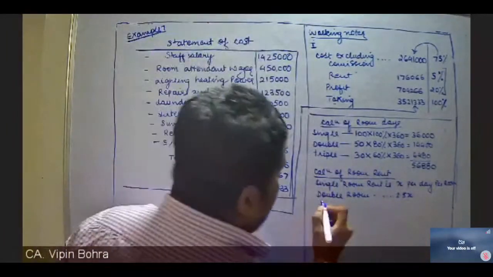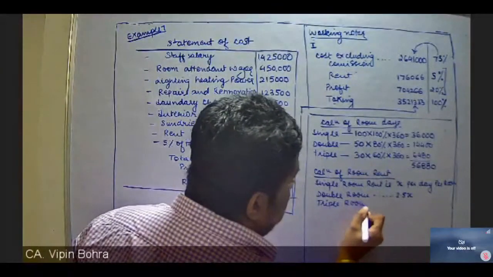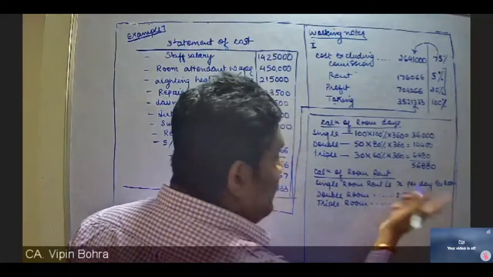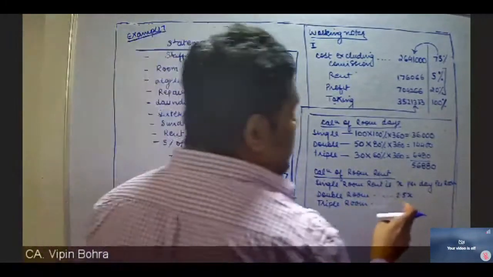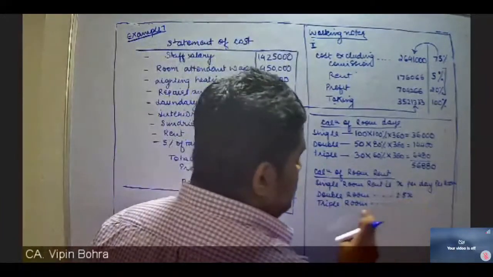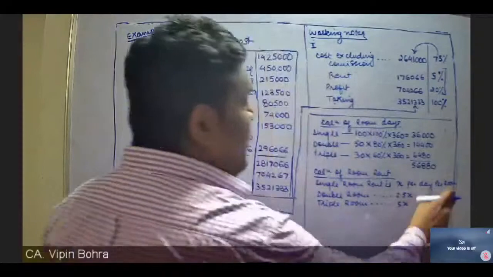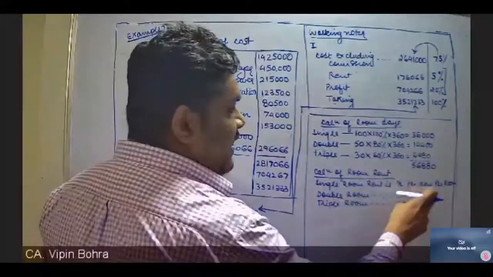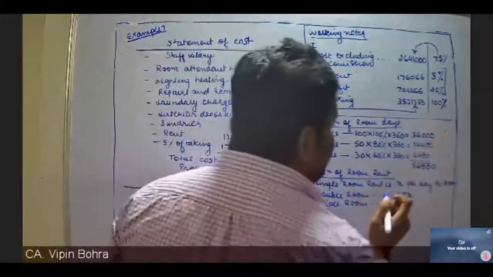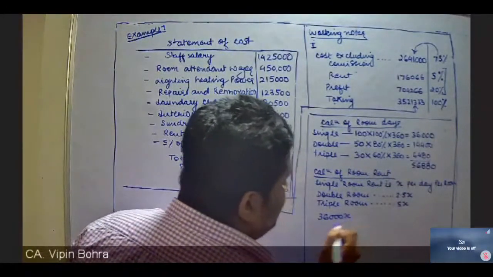For a triple room it will be double of the double room. Now see, double room rent is 2.5x, so into 2, that is 5x per day per room. So if the rent is x per day per room and the total number of rooms is 36,000, then the total rent will be 36,000x.